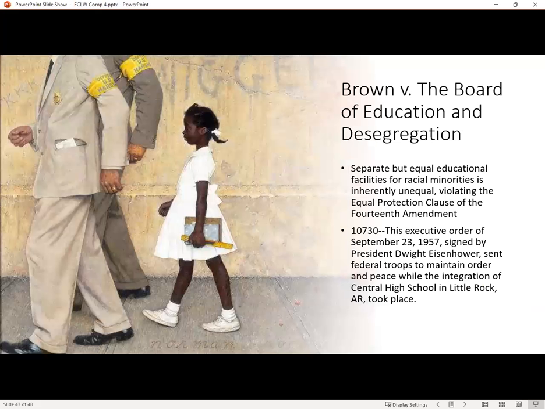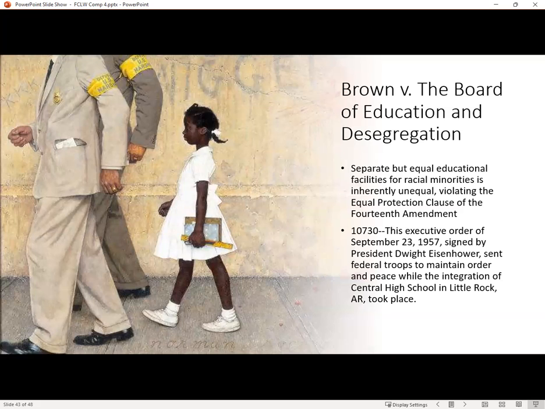So Brown versus the Board of Education and desegregation. Here's our little friend, and this is Miss Brown, and she's living even today. But we had the separate but equal education law, and it wasn't equal.